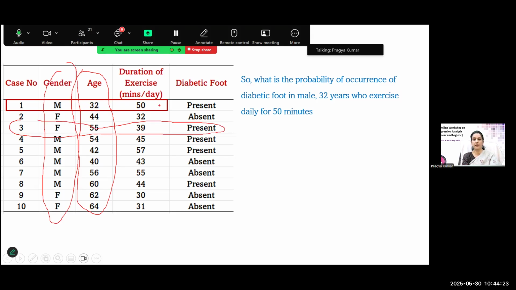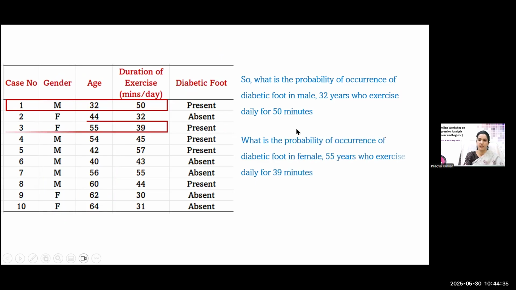If I want to know the probability, the software calculates the probability of occurrence of a diabetic foot in a male who is 32 years old and whose duration of exercise is 50 minutes per day. Similarly, I can calculate the probability of occurrence of a diabetic foot in a female who is 55 years old and doing 39 minutes of exercise every day. Likewise, the software calculates the probability of each and every case in your data, taking all the variables into account.